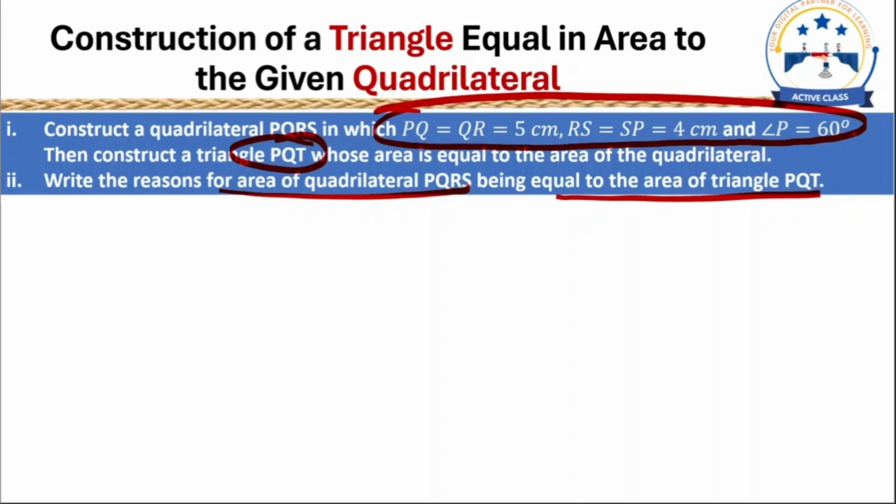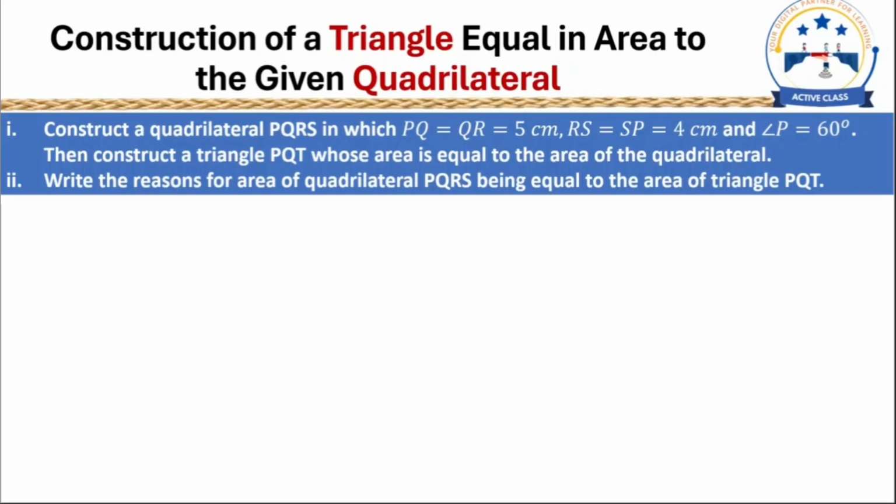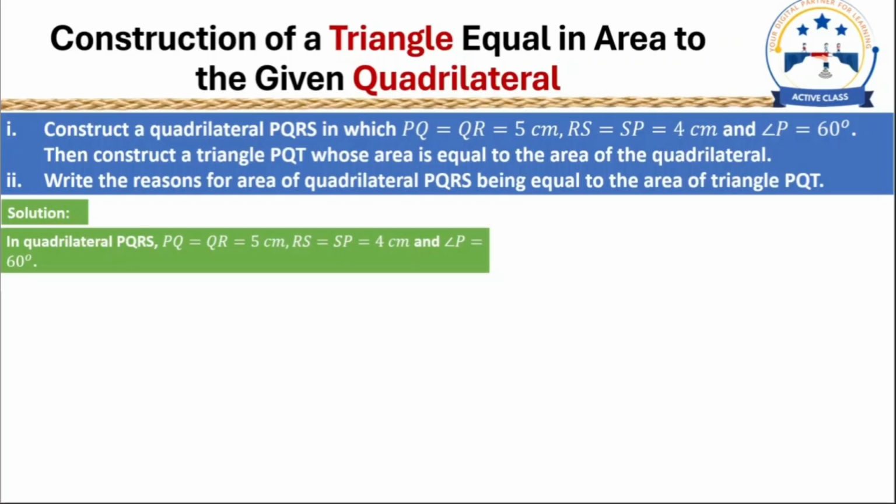Am I clear? As usual, we start with the given information, solution, and the given. These are the given information about the quadrilateral. Okay, in quadrilateral PQRS, PQ equals QR equals 5 centimeter, RS equals SP equals 4 centimeter, and angle P equals 60 degree.